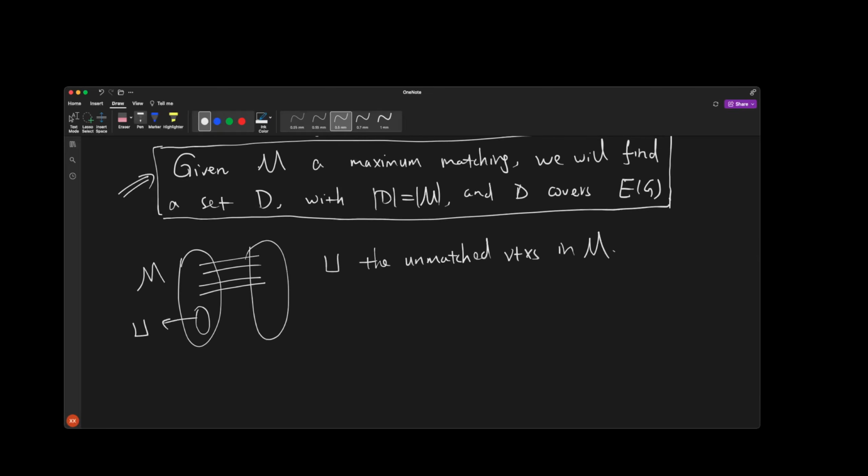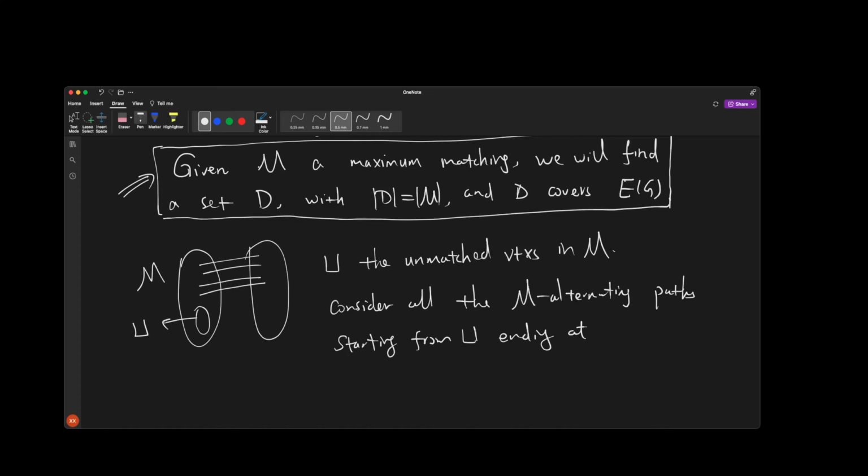At this point, we will consider all the M alternating paths starting from some vertex of U and ending at B. I don't really care where it ends.